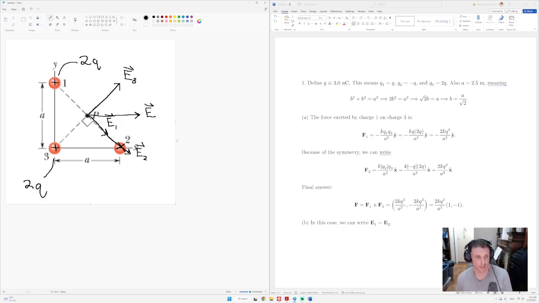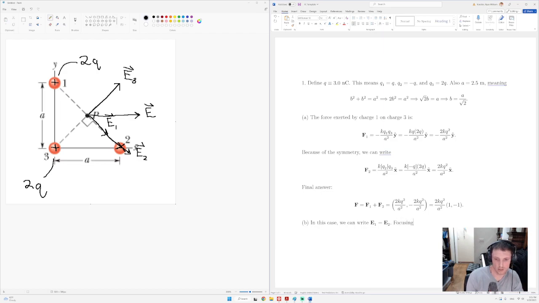If you cranked out the numbers, you would find this if you did everything correctly, but if you can see it beforehand, you're going to save yourself a lot of work. So we're just going to solve for the x component of charge 3's electric field, and then we're going to double that result.